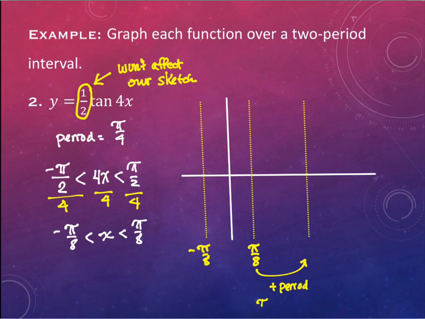In our case, pi over 8 plus pi over 4 is what we have. And if we get common denominators and so forth, this will be 2 pi over 8. So pi over 8 and 2 pi over 8 would give me 3 pi over 8. So this last one that we haven't labeled, that's drawn in, is 3 pi over 8.